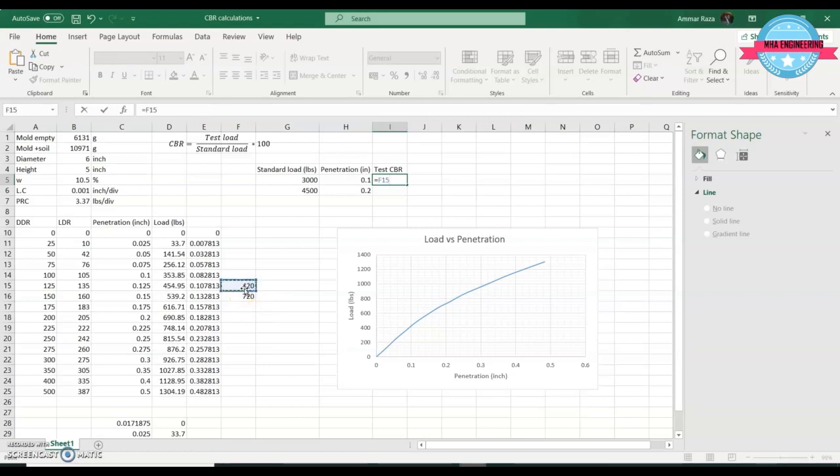So 420 divided by this times 100. Your CBR is 14 for this, and for the next one, it will be 720 divided by 4500 times 100, and that will be 16. So your CBR is 14% for 0.1 inch penetration and 16% for 0.2 inch penetration.